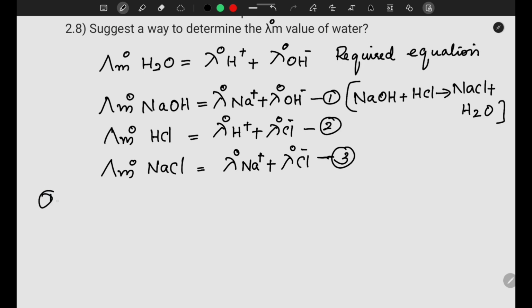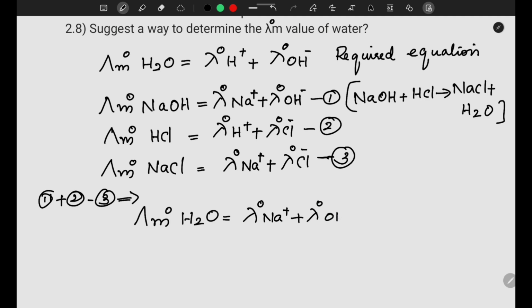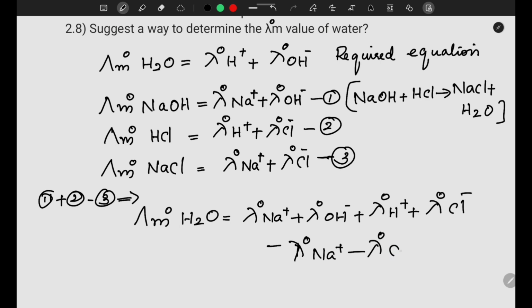Then 1 plus 2 minus 3 will give you lambda m0 of H2O, that is equal to lambda 0 Na+ plus lambda 0 OH- plus lambda 0 H+ plus lambda 0 Cl-, then we have to subtract lambda 0 Na+ and lambda 0 Cl-.